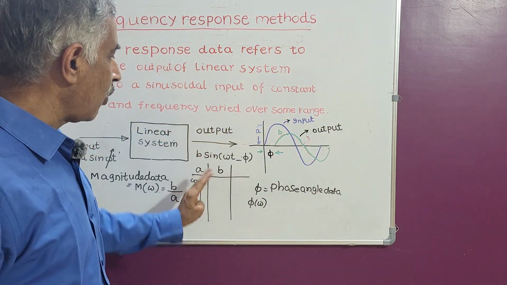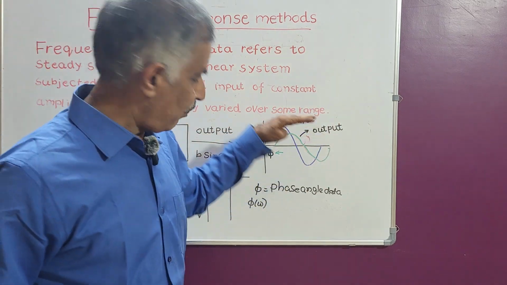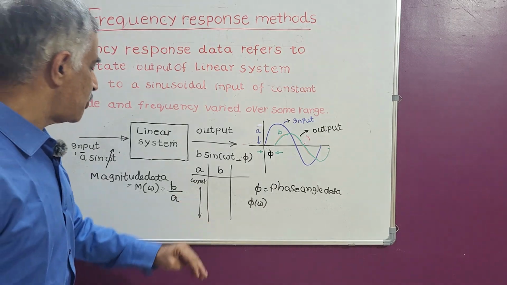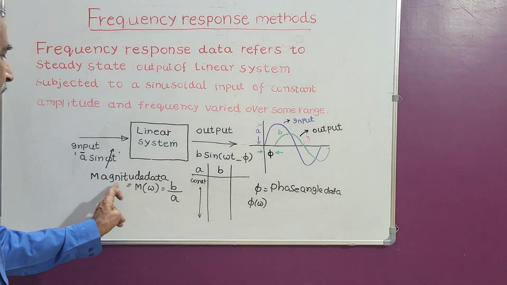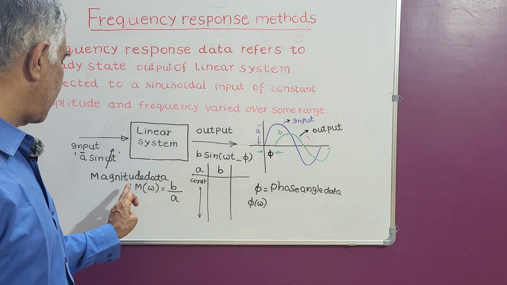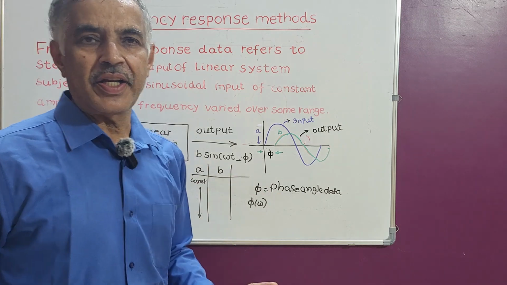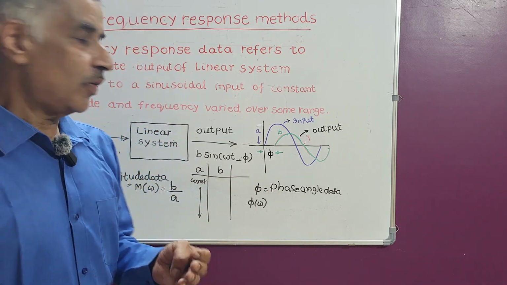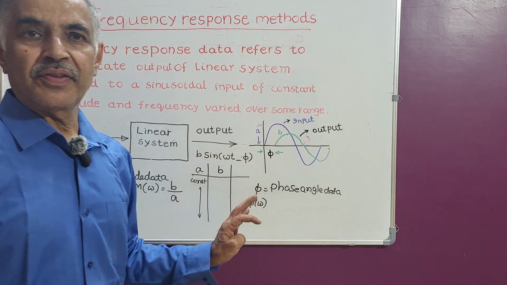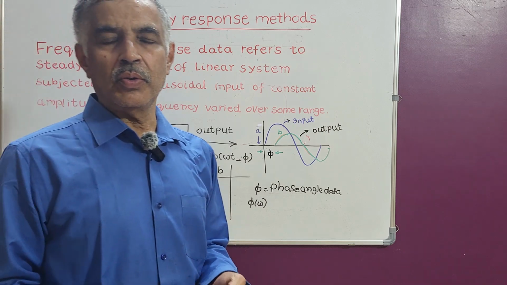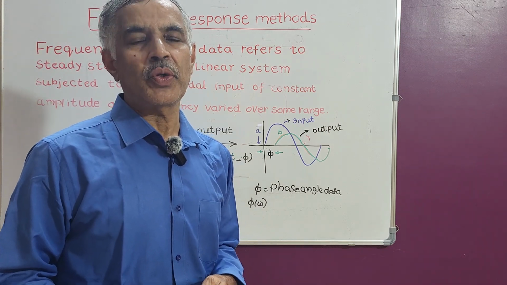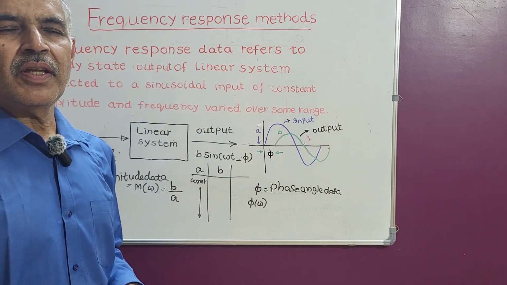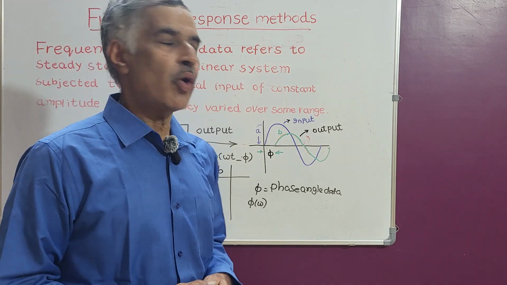So after recording B values over a range, and after forming magnitude data and phase angle data, you can make use of these two data to investigate stability of control system. So that comes in Nyquist criterion as well as in Bode's plots.